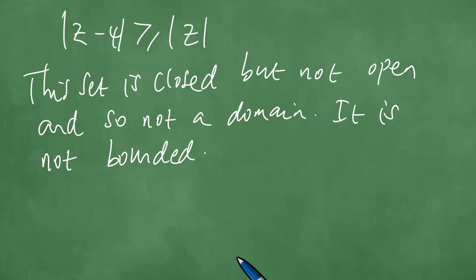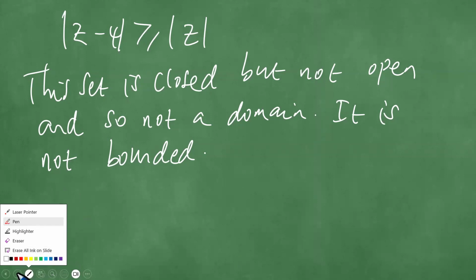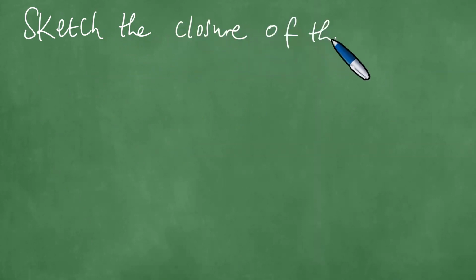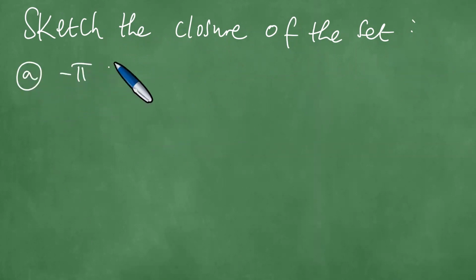Now I want us to focus on the closure. Sketch the closure of the set: A, minus pi less than the argument of z less than pi.